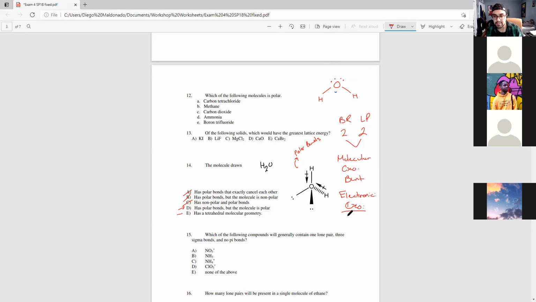So is our molecular tetrahedral? No, because molecular geometry is actually bent. So our only option has polar bonds and the molecule is polar. That is correct. We have polar bonds and nothing canceling out, so therefore it's a polar molecule.